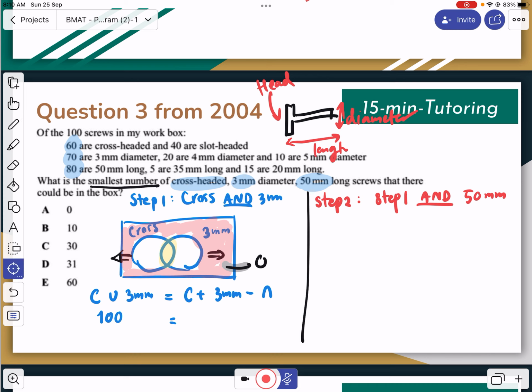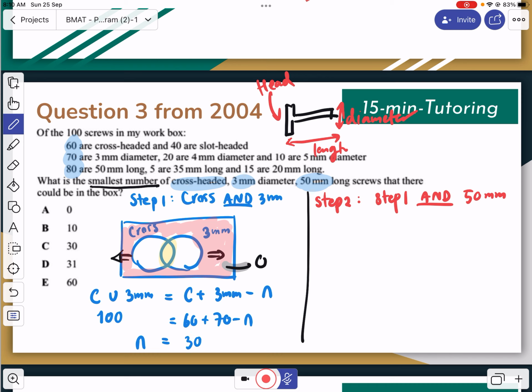Take the number 60 for cross-headed for C, 70 for 3mm, plugged in, solving the equation, and we have concluded that the intersecting area contains 30 screws.